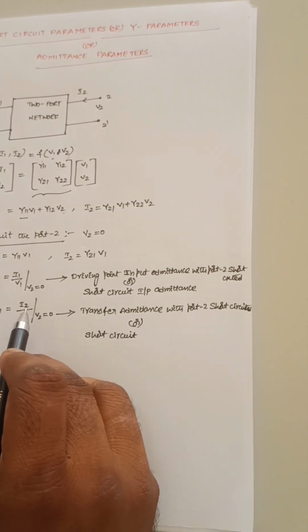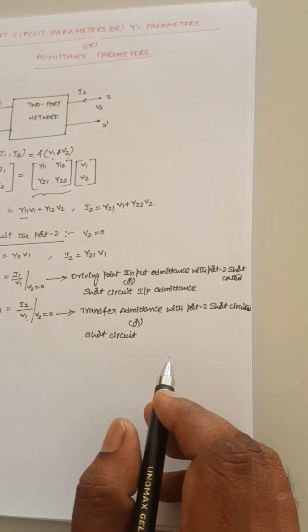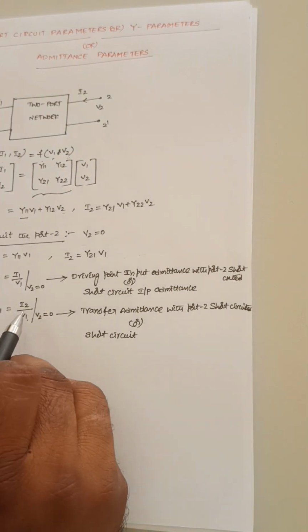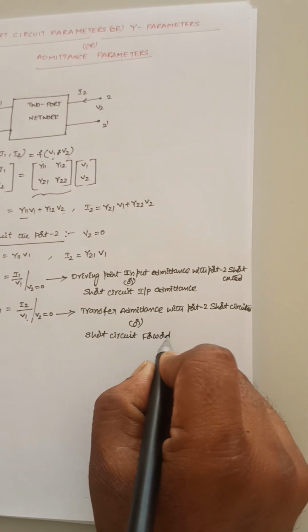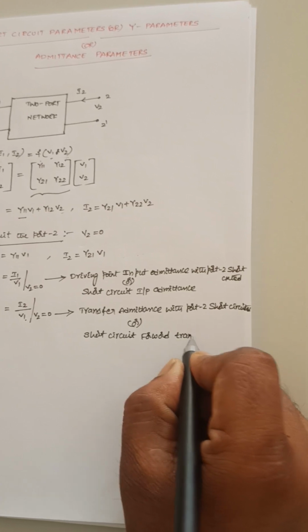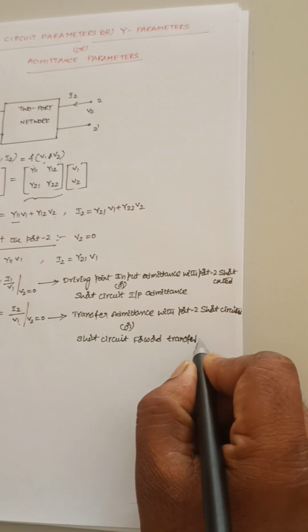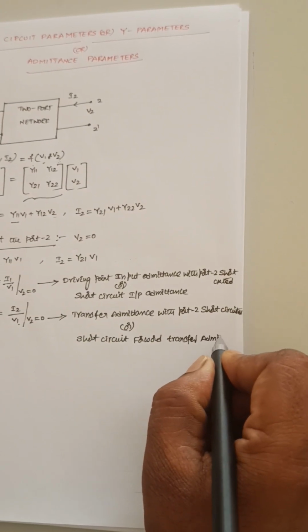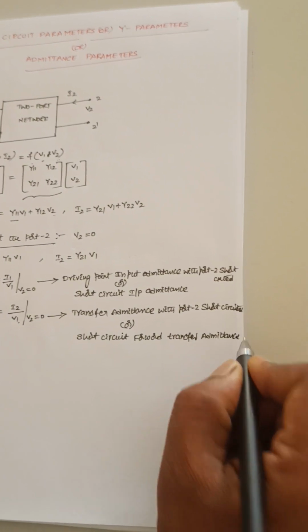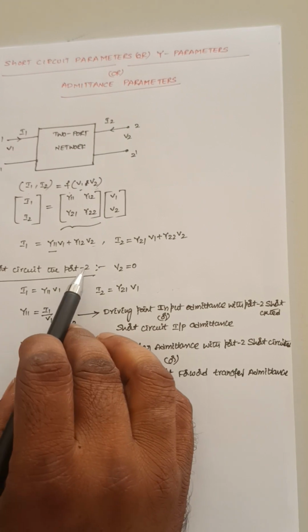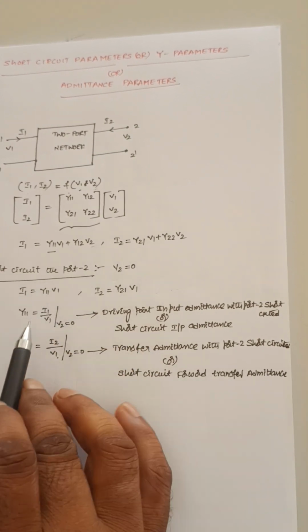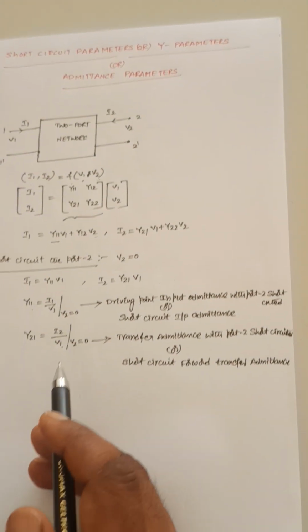If it is I1 by V2, then that is reverse transfer admittance. So I2 by V1 is the short circuit forward transfer admittance. So if I short port 2, I am able to calculate the values of Y11 and Y21.